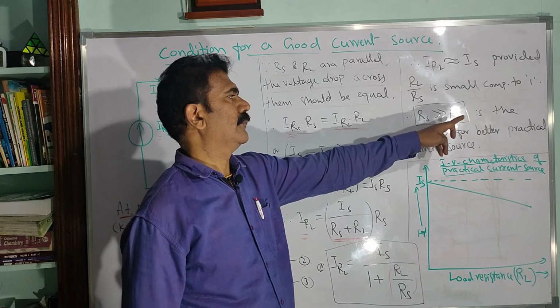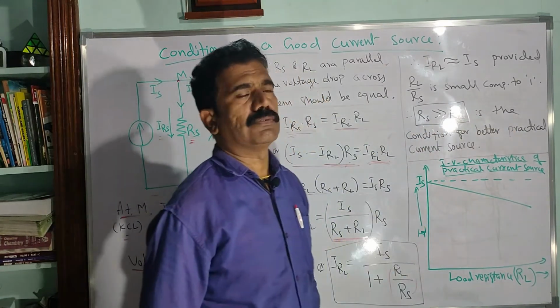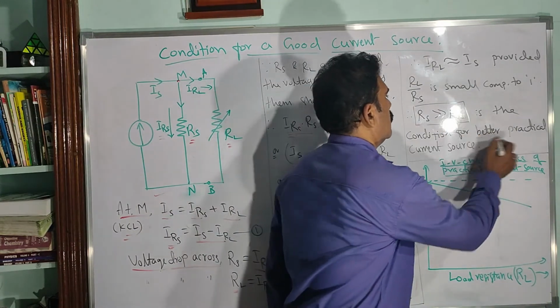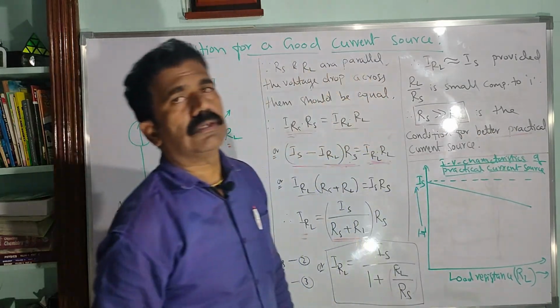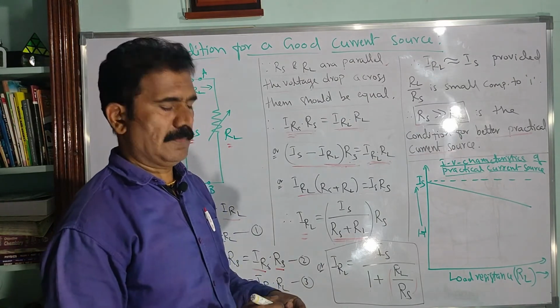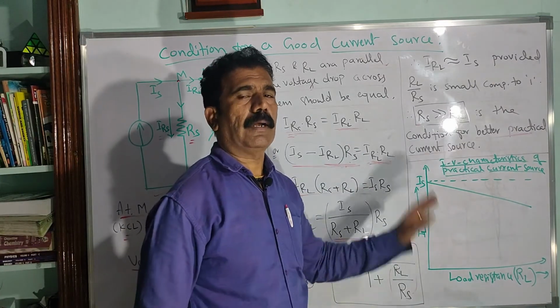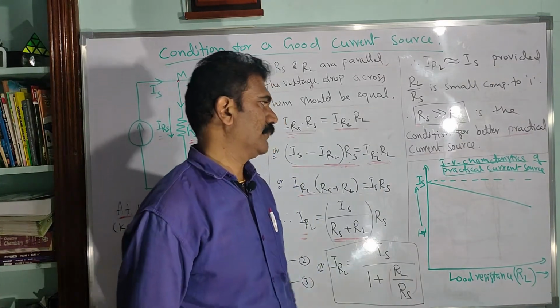This is the condition for a better practical current source. The internal resistance should be very much greater than the external resistance for a better practical current source.